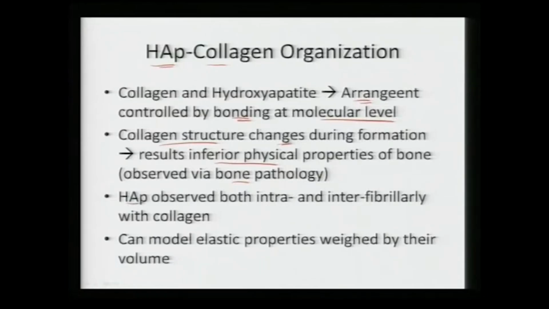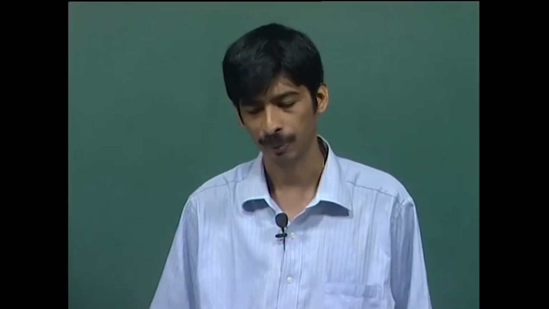And HAP is observed both in the intra as well as the interfibrillary region with the collagen. And again, from that particular model we can decide how to estimate the elastic properties, which are weighed by their volume. So a certain volume of hydroxypeptide and a certain volume of collagen can give us certain mechanical properties.